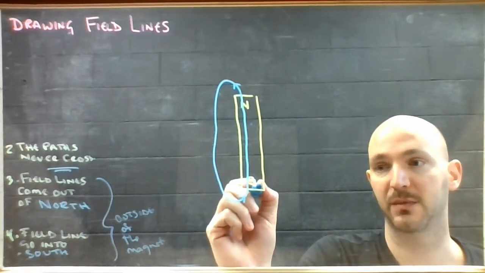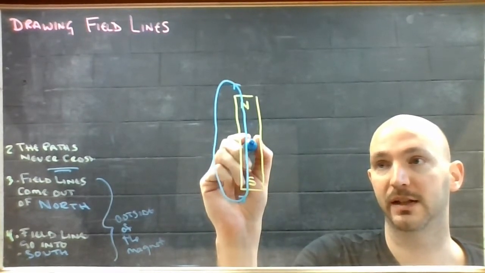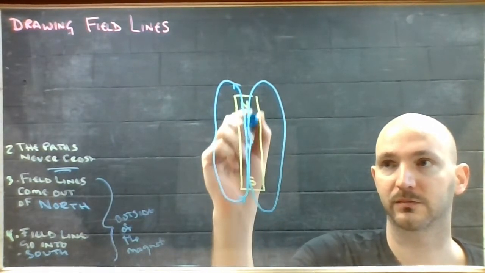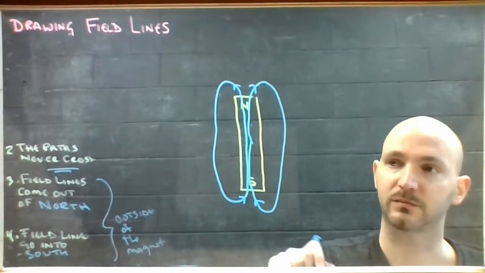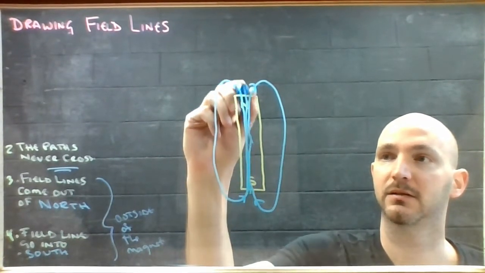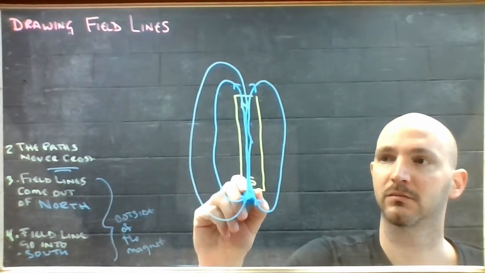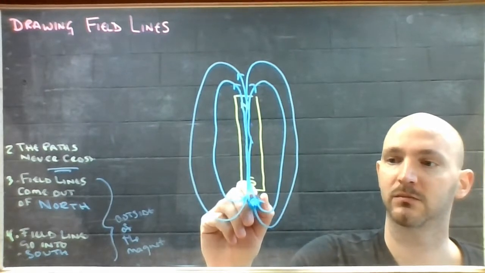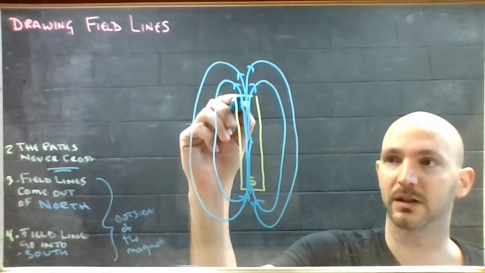So just for symmetry, if I draw one like so, like that, and maybe another one up in the center, another one like here, and then maybe a little bit at the edge.